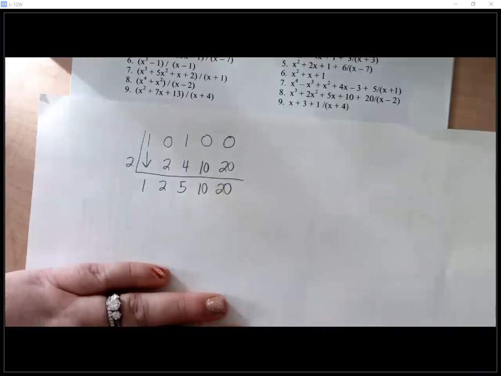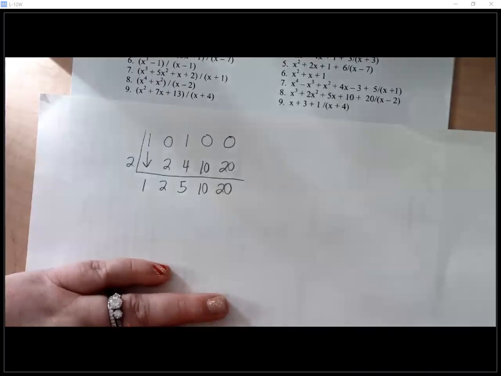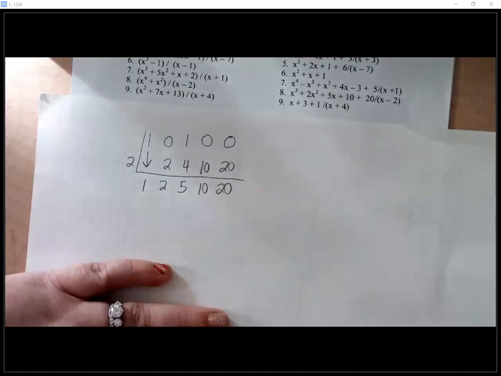When you have completed your synthetic division, see if your coefficients match mine. And then go ahead and turn that into an answer, because right now it's just a bunch of numbers. You need to now transition that into your answer.